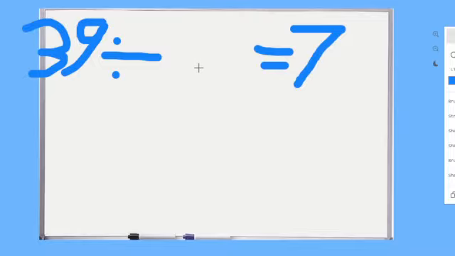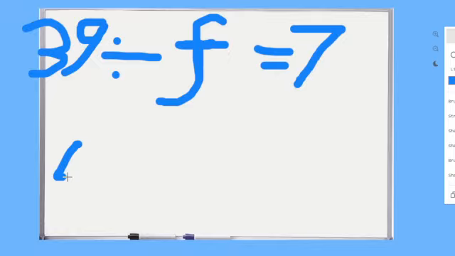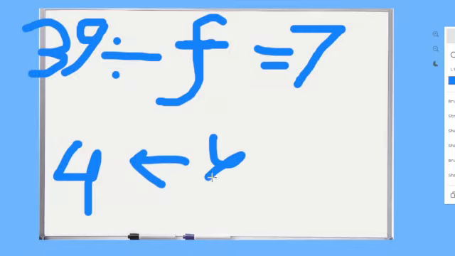How many friends do you have? So this is going to be F over here. So this is your equation. And also you have to keep in mind that you have 4. So this is you. F is how many friends you have, okay?